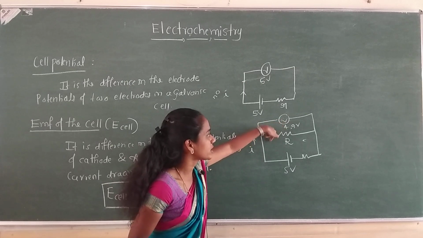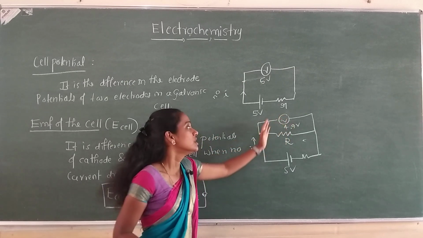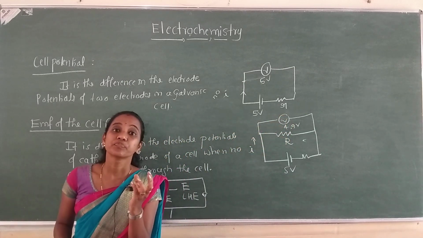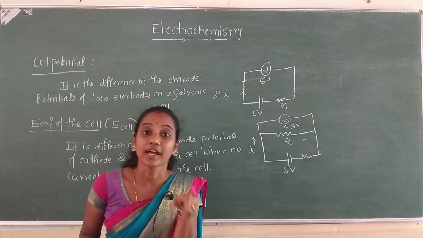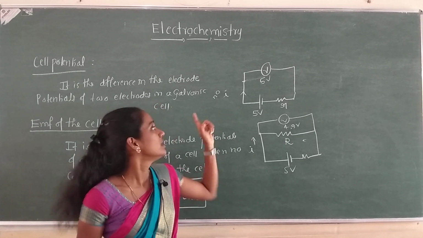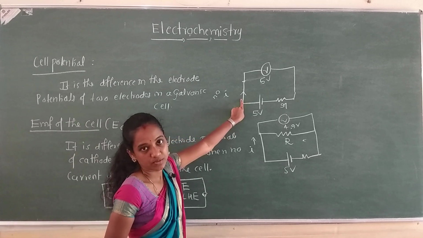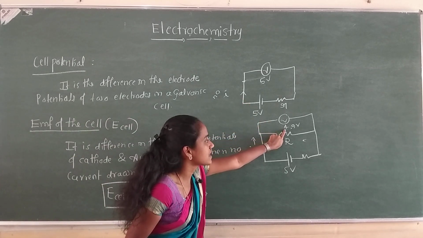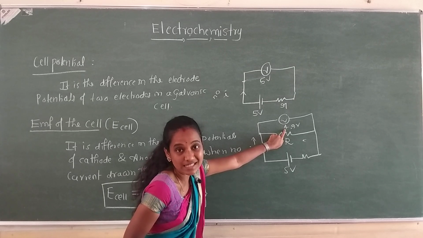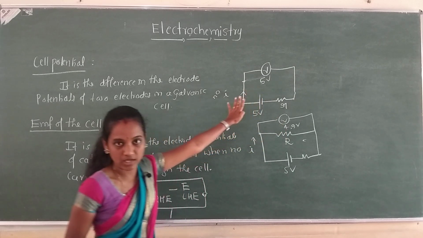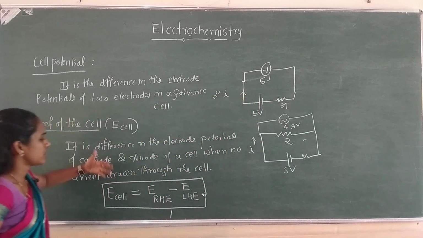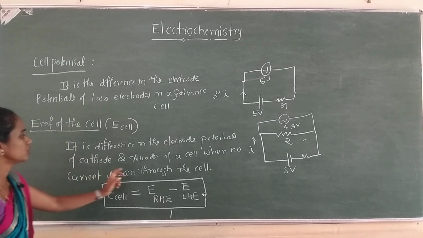When the circuit is closed and current flows, that is cell potential, and EMF is in case of an open circuit. So cell potential is slightly less than the EMF value. The two definitions have the same meaning, it is enough if you just know that.